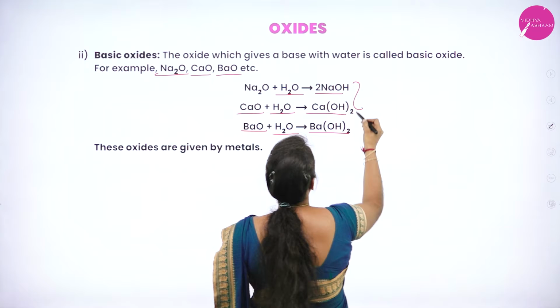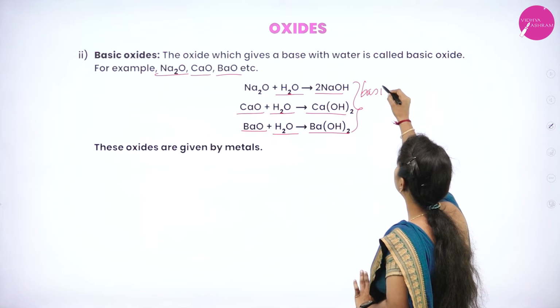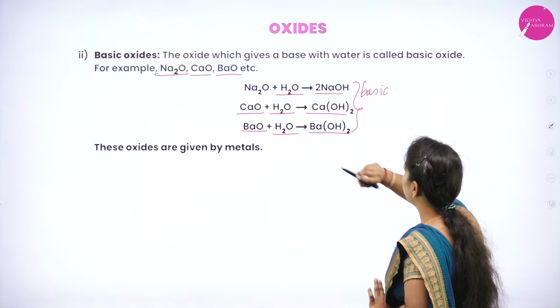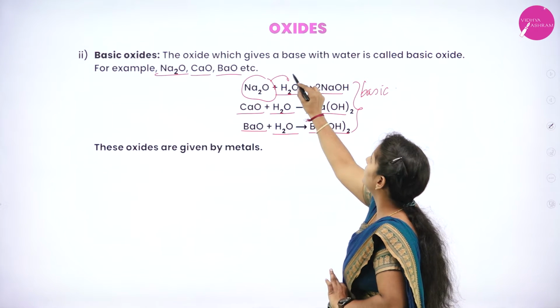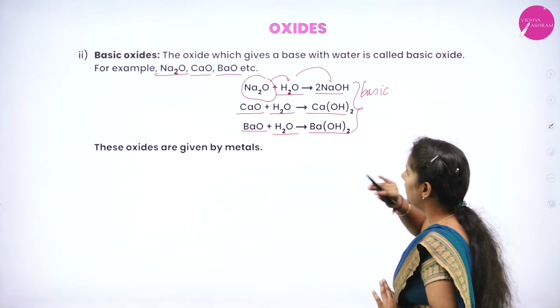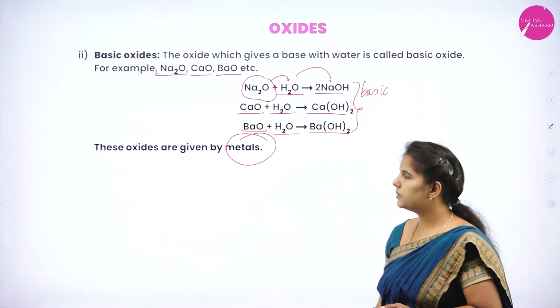You can see that all these oxides are basic in nature, because when they react with water they give rise to a base, and these oxides are usually formed by metals.